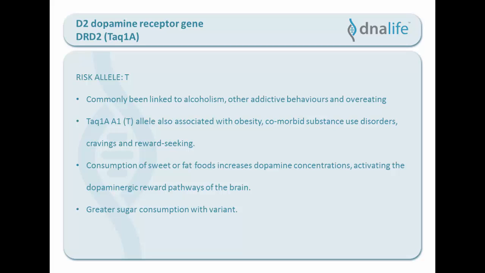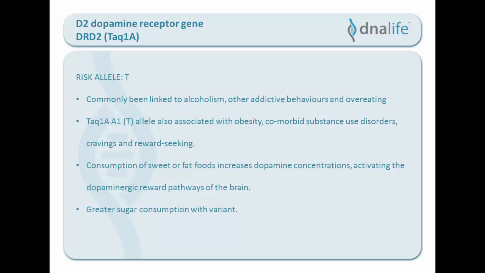And so consumption of sweet or high-fat foods, and often a combination of sweet and fatty foods, increases dopamine concentration. So eating chocolates and cookies and rich foods will have an effect on dopamine concentrations and activate this dopaminergic reward pathway of the brain.